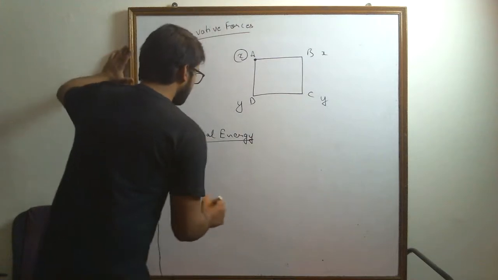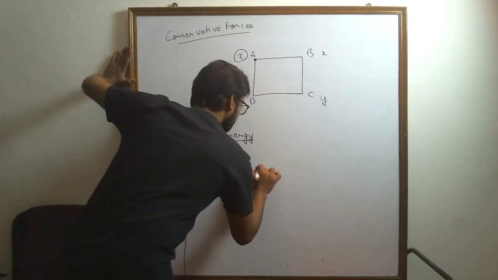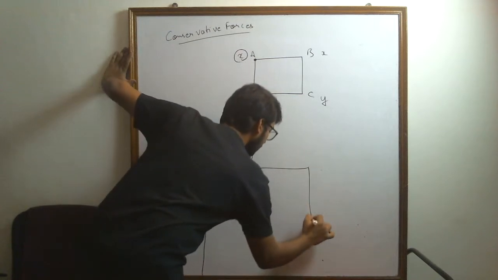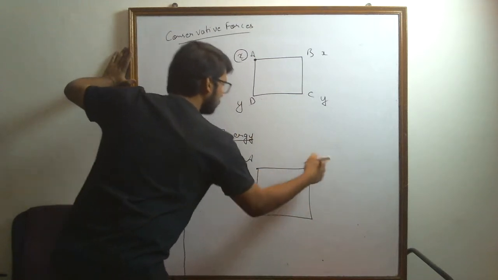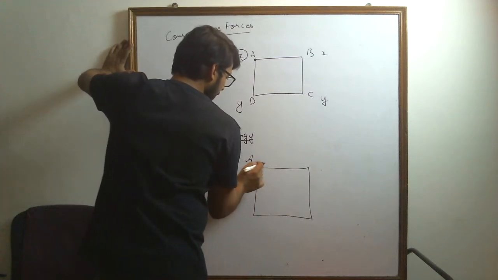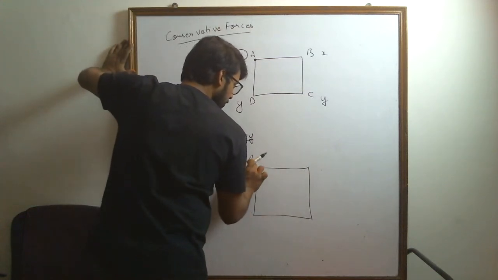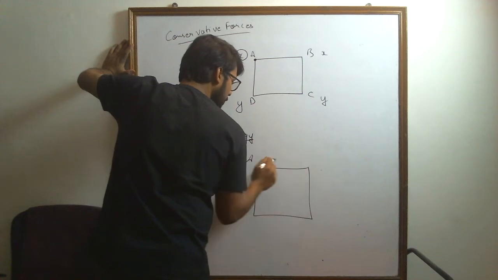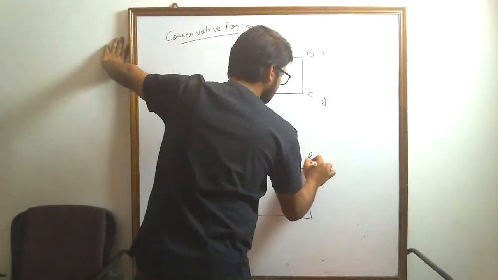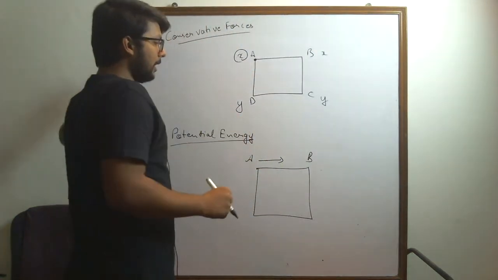So, if I'm taking the same diagram, if my object is going through this loop, and my force is pushing this object over there to point B, I take it slowly.